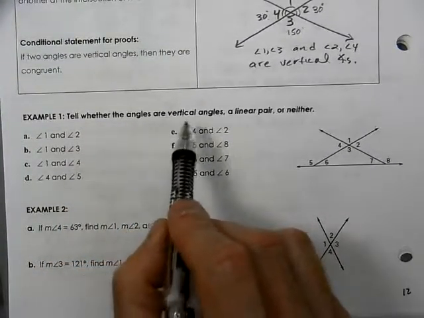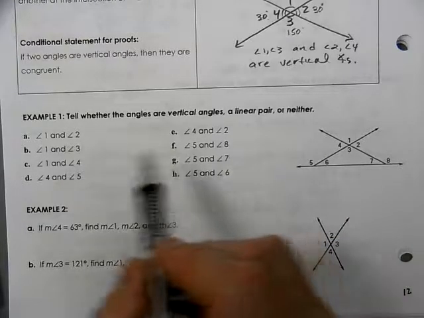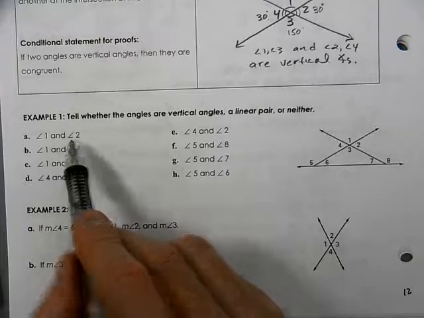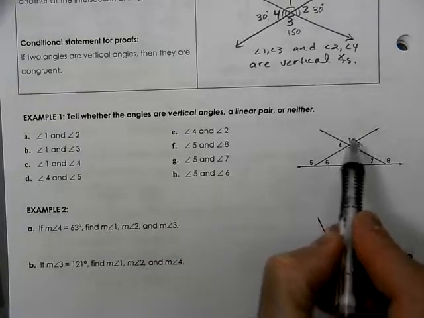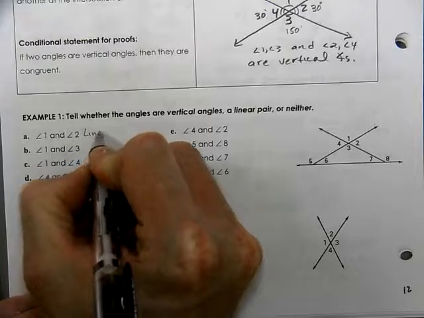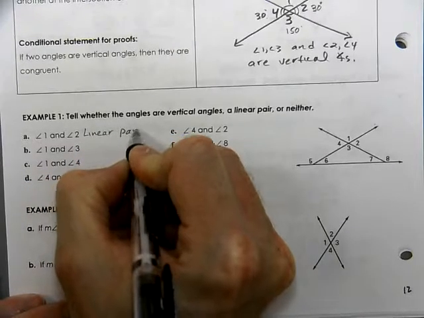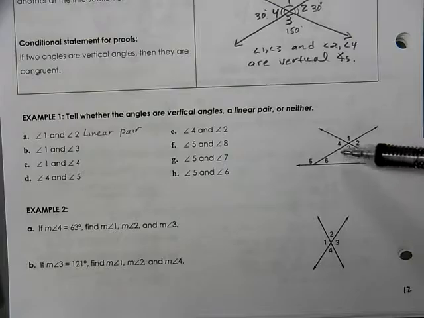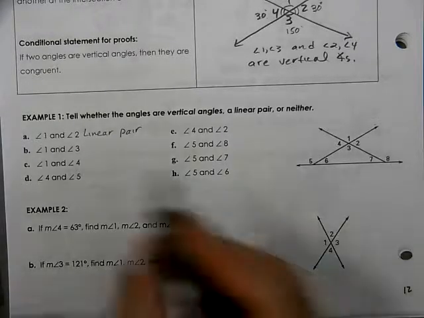They're called vertical. Okay, now we need to identify, do we have vertical angles, a linear pair, or neither? 1 and 2. 1 and 2 are making that half a circle. So they are a linear pair. 1 and 3 are opening in opposite directions. One's opening up, the other's opening down.